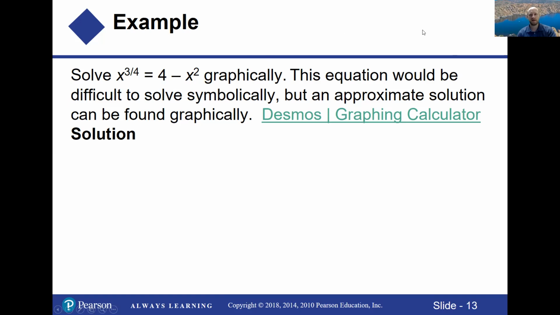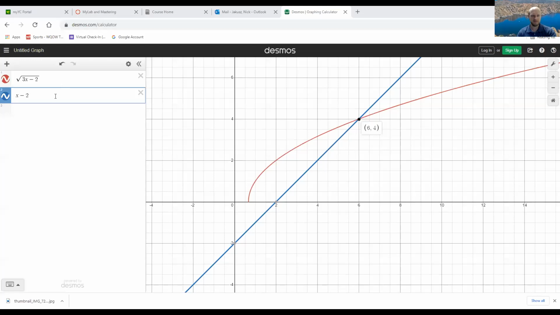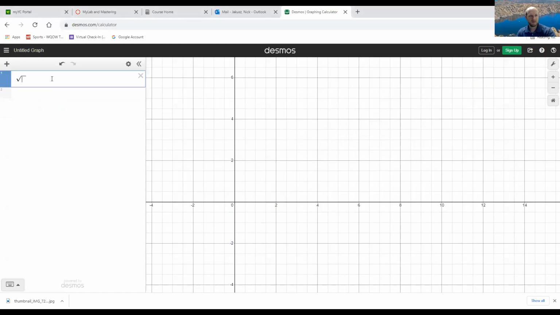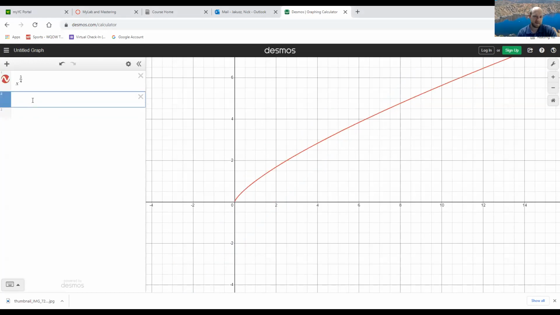Let's solve this graphically. So I'm going to stop the share here. I'm going to open up Desmos. And this time I am going to try and remember to share my Desmos screen. There we go. Again, I said this lecture was a little longer, but x to the 3/4 looks like that.